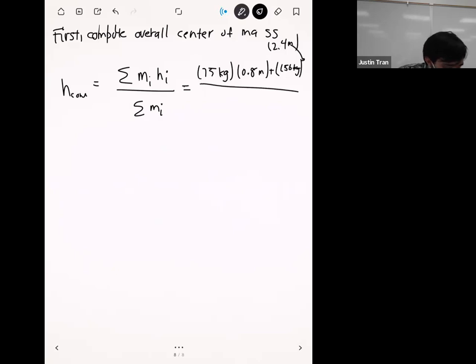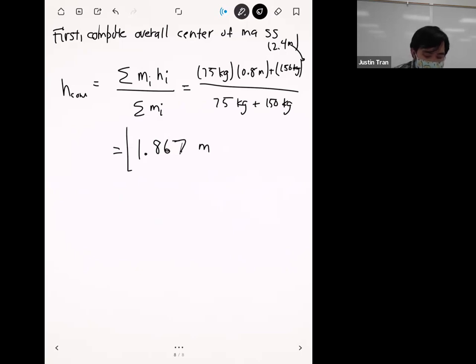On the denominator, we just sum up all the masses, so 75 kilograms plus 150 kilograms. That cancels out the units of mass on the numerator. If we run through this calculation, we'll see that the overall center of mass is 1.867 meters off the ground.